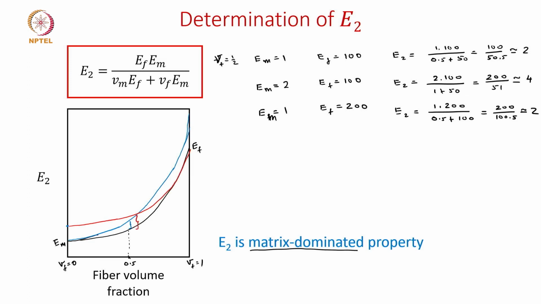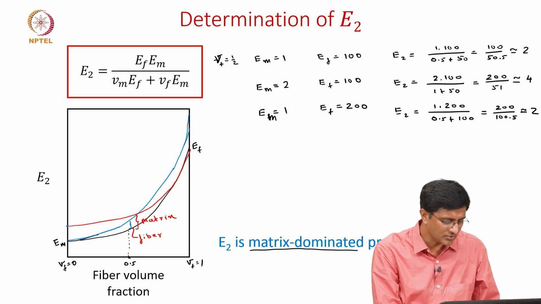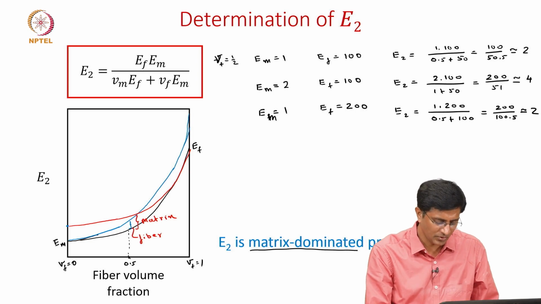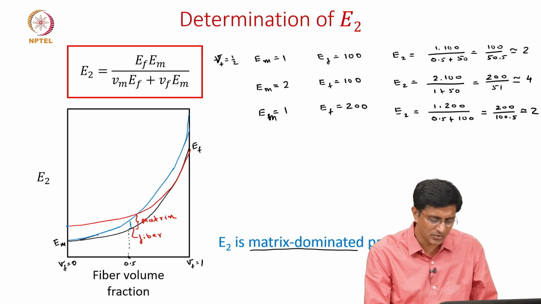So this is the variation coming from the matrix, and the earlier one is from the fiber, by doubling the properties of the matrix and the fiber. And pictorially also we can see the variations from the matrix are much higher than the variations coming from the fiber. So for these reasons we can say that E2 is a matrix dominated property.